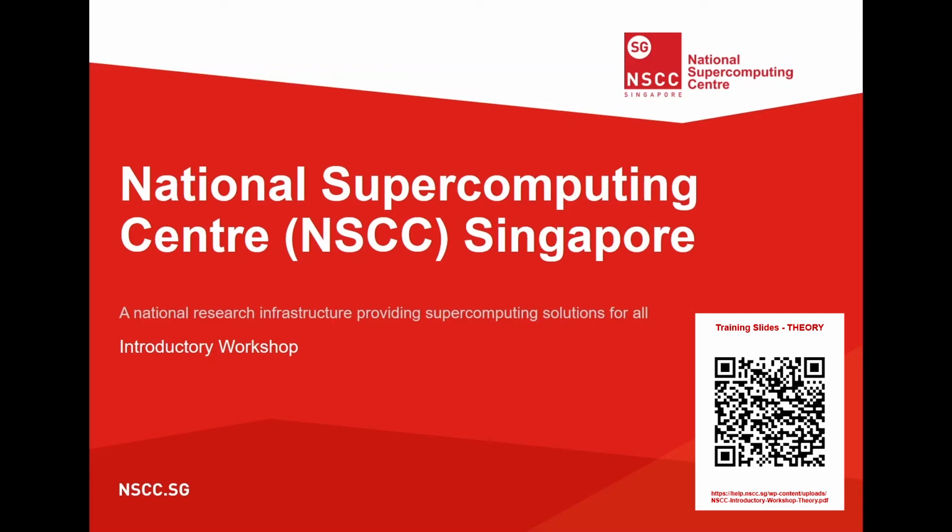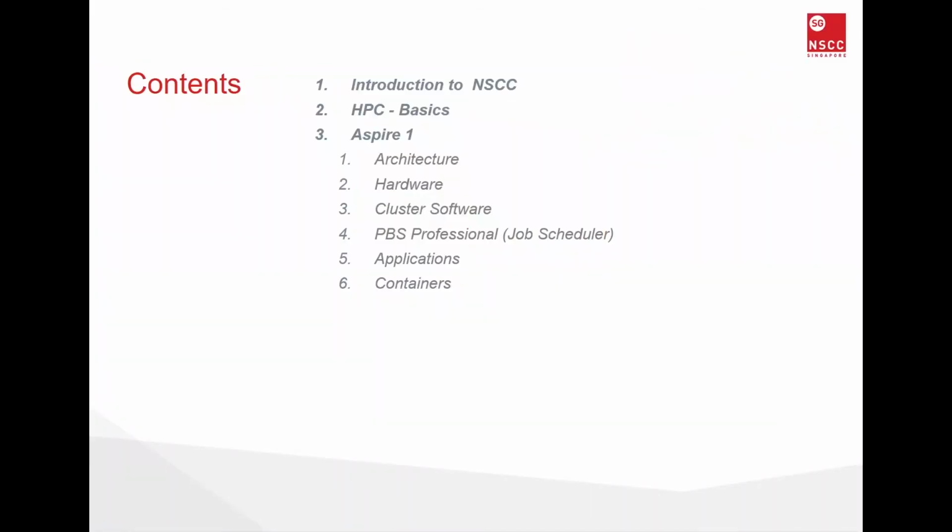For now, let's jump into the agenda for this workshop. In this session, we will discuss how NSCC was formed and what the key goals of NSCC are, followed by the basics of HPC. It's a brief on how the traditional supercomputers turned into the modern day HPC, aka high performance computing or high performance clusters.